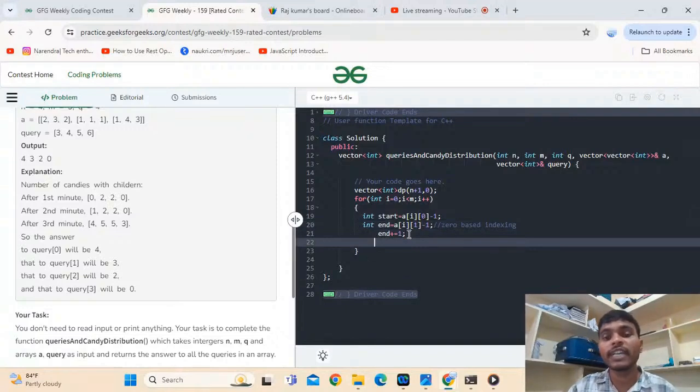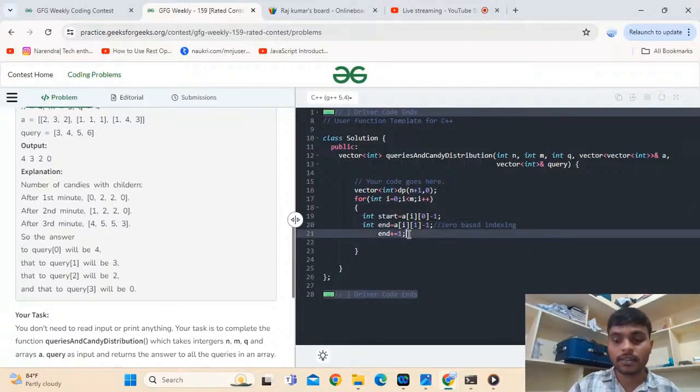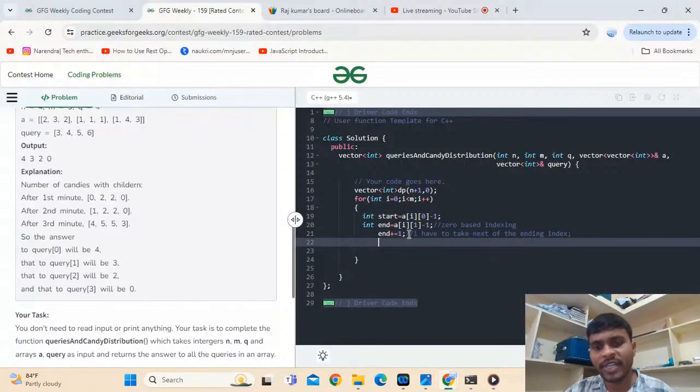I have to take the next of the ending index. Okay, this is my point.